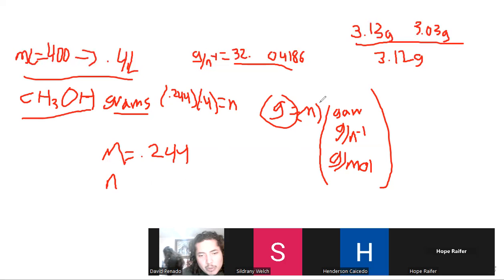So that's why we need the n. It's like how we did in the last test. We had to go from grams to AMU to moles. Just pretty much the same way, but this time it's with liquid. You go from liquid to solid.